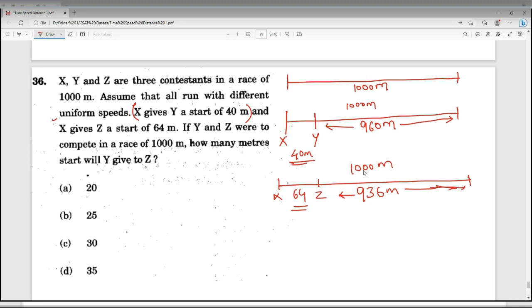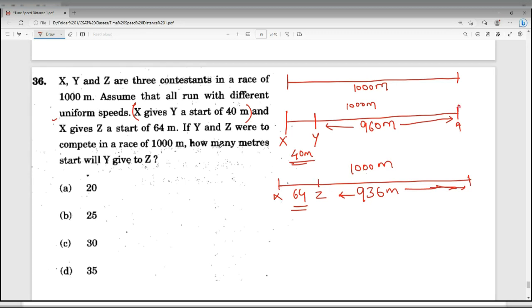And what they are saying is, if X is giving the start, they both reach this place together. So even if he gives 40 meters, the head start, he'll reach the final point at the same time.